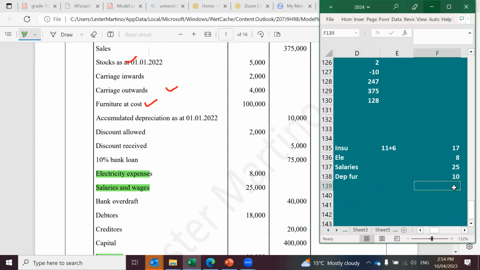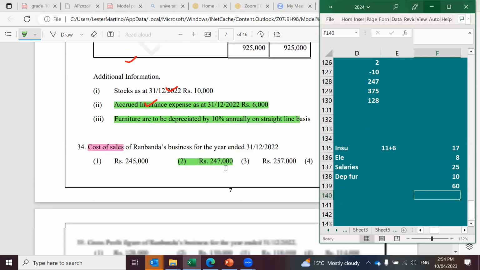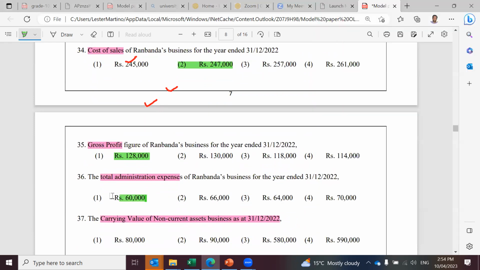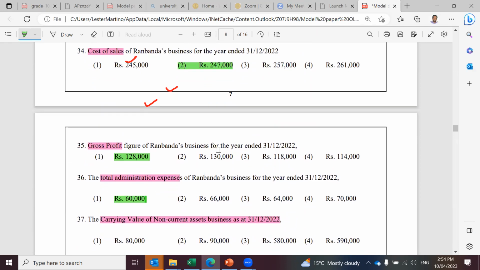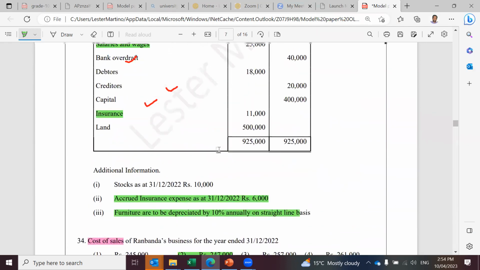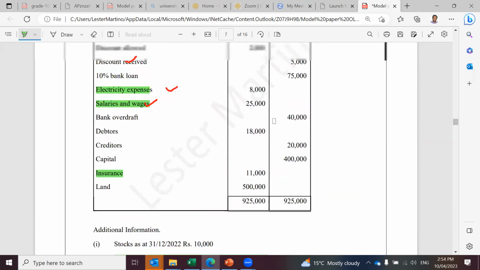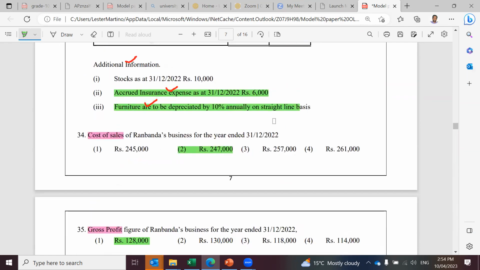Shall we add all of them? 60. I'll say 60. Okay, I'm not preparing any accounts, any statements, I'm deriving the answers. Right, next one.